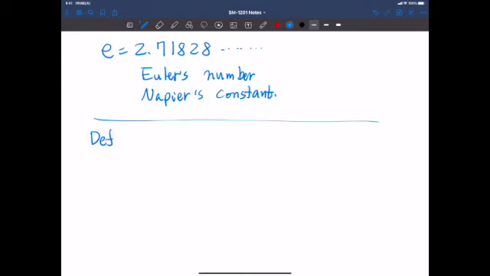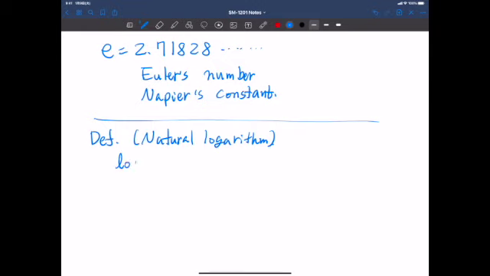Okay, definition of natural logarithm. By the way, in this part of this lecture, we assume that you already know some calculus, like integration and differentiation and so on. Okay, so here's the definition of the natural logarithm.